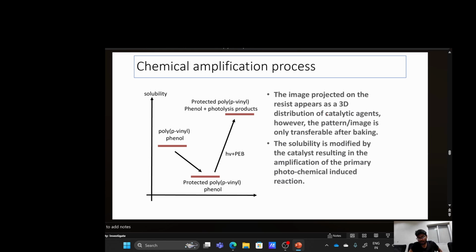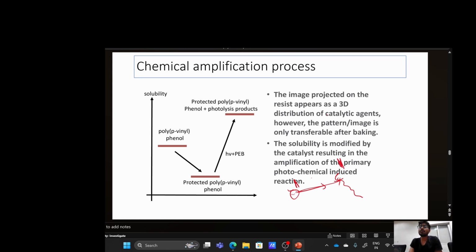And now the chemical amplification process. In chemical amplification, if you have a photon and a molecular chain of any photoresist, a single photon is breaking one chain.